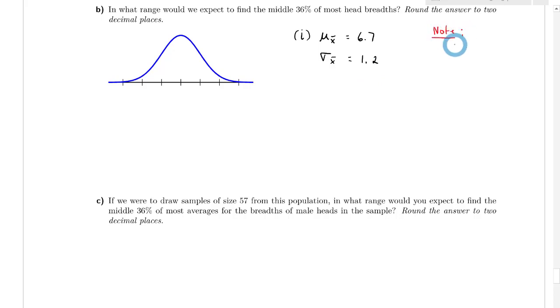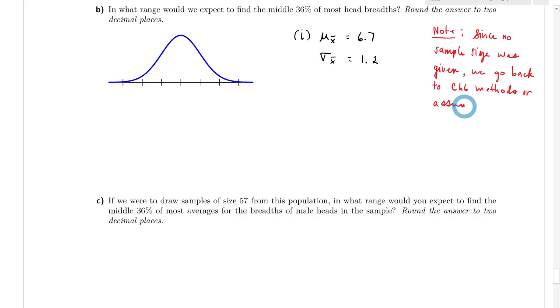Notice that they didn't give us a sample size like they did in the beginning with part A. So since no sample size is given, we go back to Chapter 6, Methods, or assume n is equal to 1.